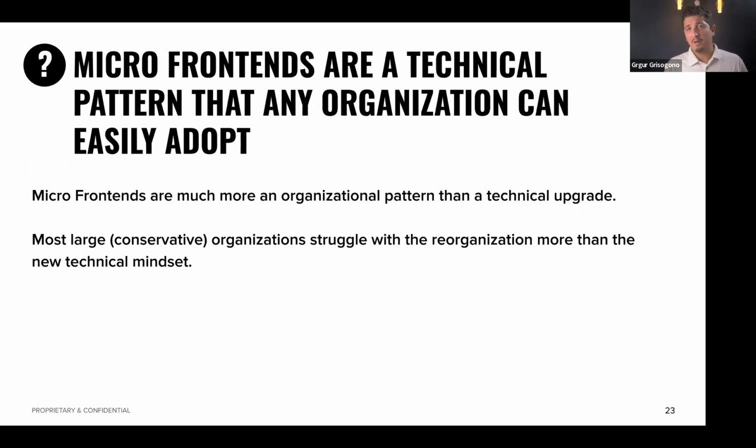Remember how I said that microfrontends are made for agile teams? That means that they require an agile organization structured to support such an infrastructure. And conventional, or should I say conservative, organizations struggle with their org chart more than the architecture diagram.